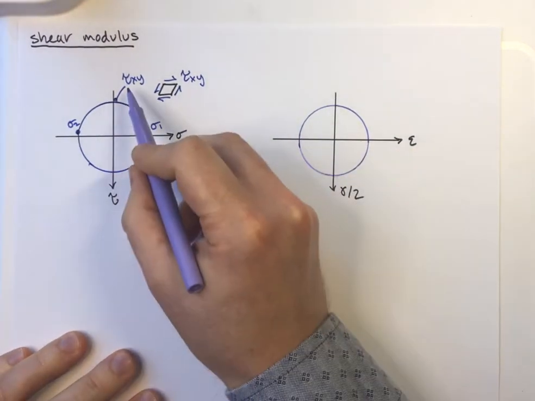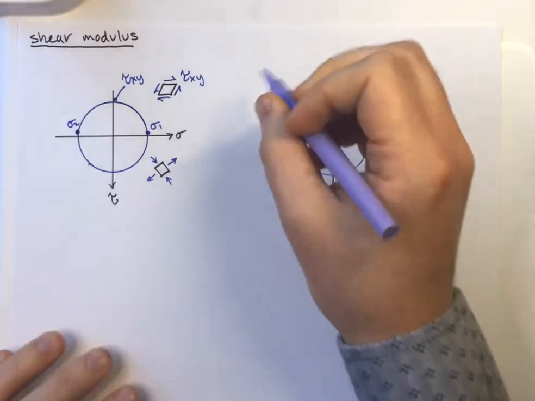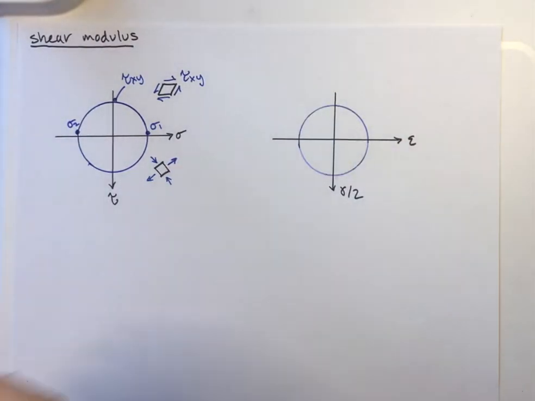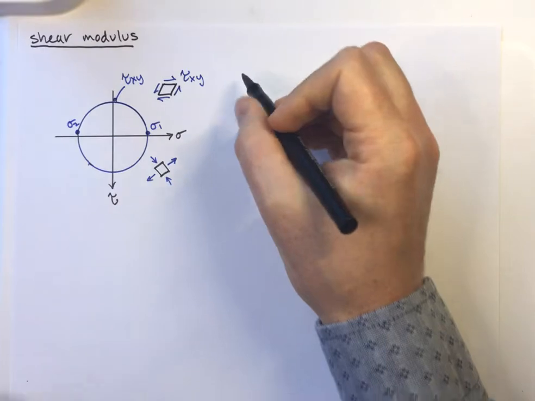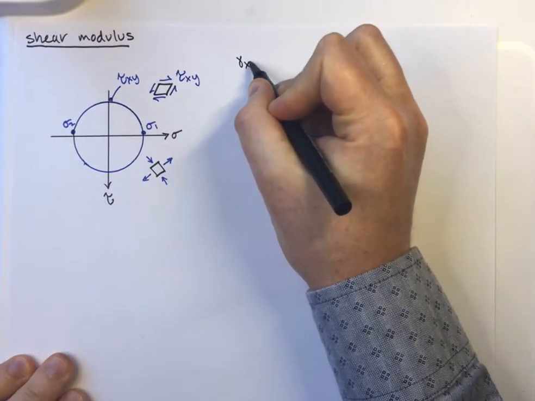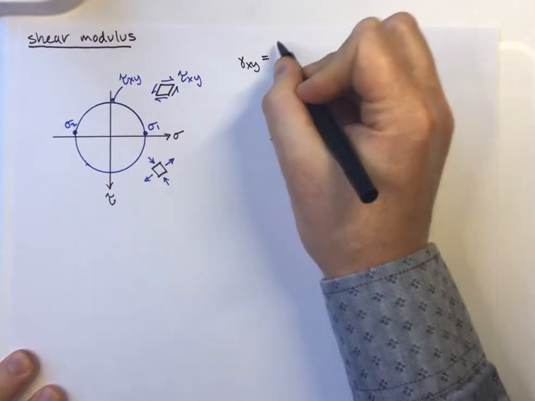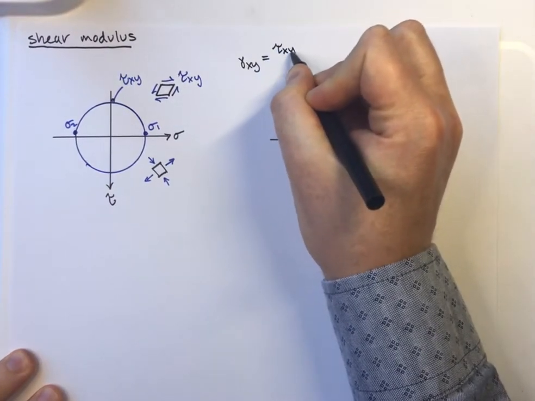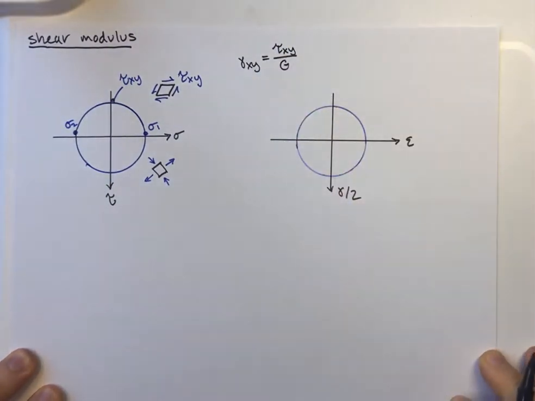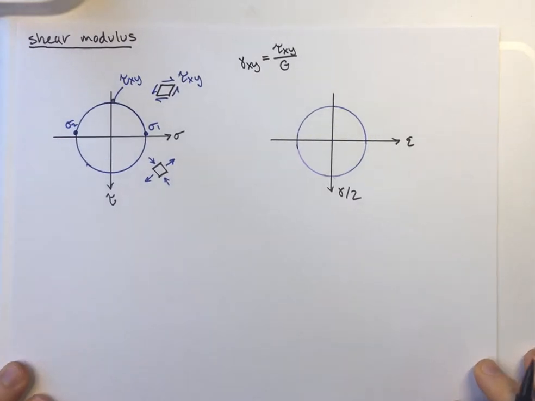So if I have tau xy, I know that my shear, so that would be gamma xy, is just going to be equal to tau xy, the shear stress, divided by the shear modulus, right? That was from before.